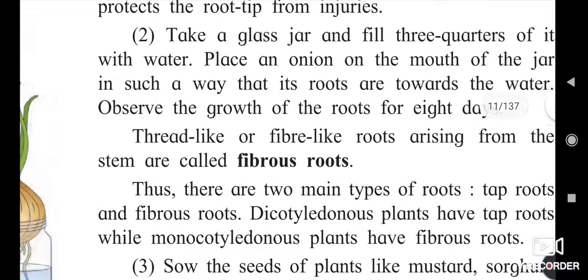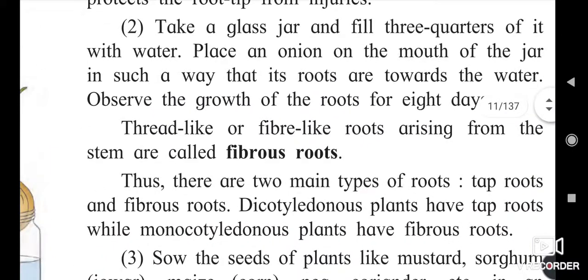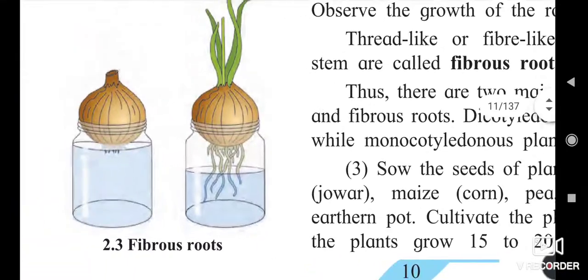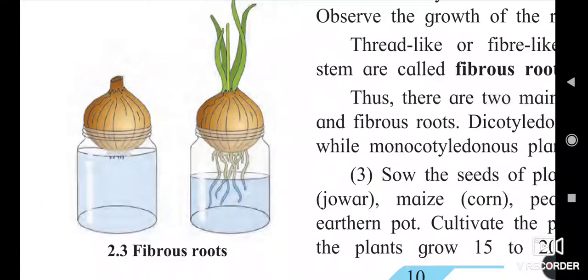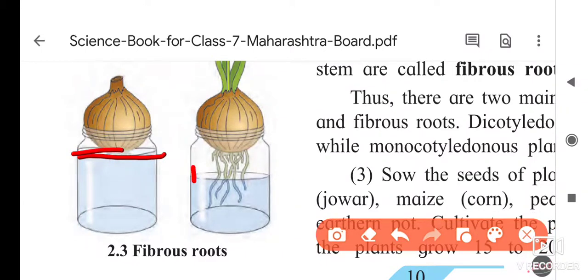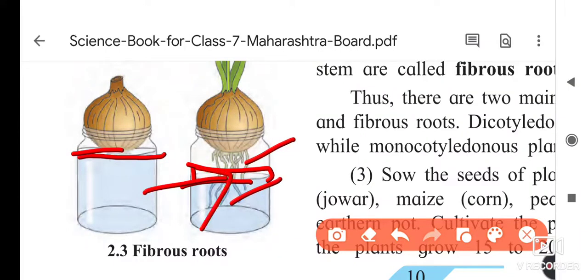Thread-like roots arising from the stem are called fibrous roots. In this picture, after some days these roots have grown, the water level reduces, and fibrous roots have grown from the stem of the onion.